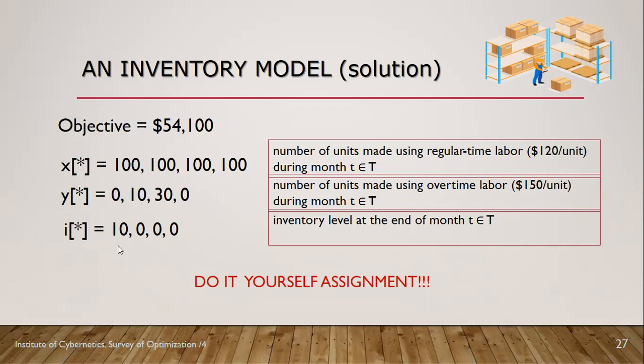And the recommended inventory level, which is reachable, is 10 units in the first month and 0 units in the 3 consecutive months, which is definitely very good, cost minimizing and quite efficient.